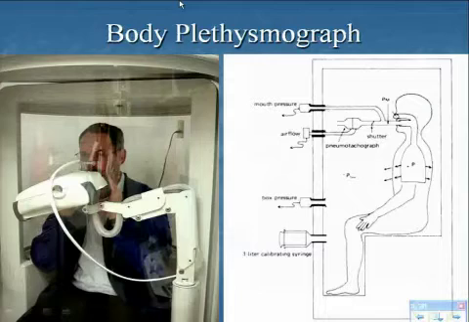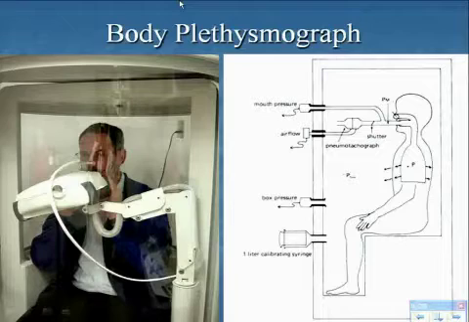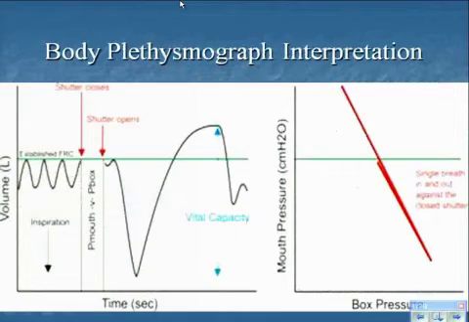This is, of course, your body plethysmogram. It's something you're not going to be carrying in your backpack, so it's not very useful in the operating room. It requires a specialized lab, and usually the pulmonologists have these kinds of labs in place. What the body plethysmogram basically does is it has a shutter.